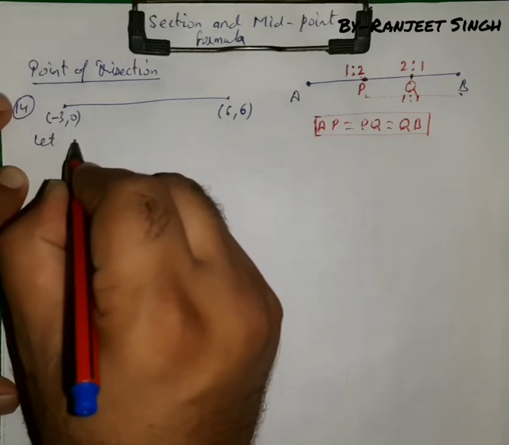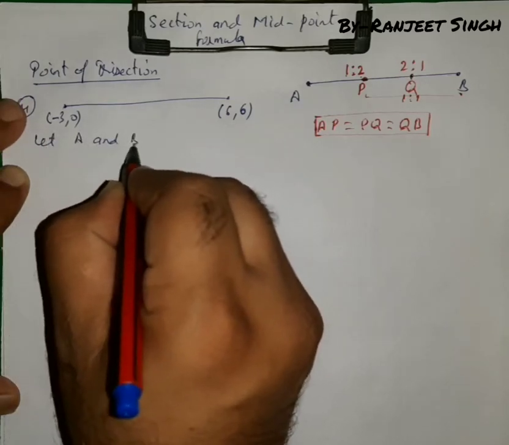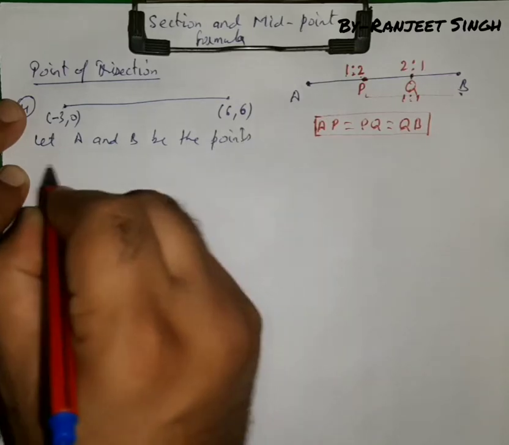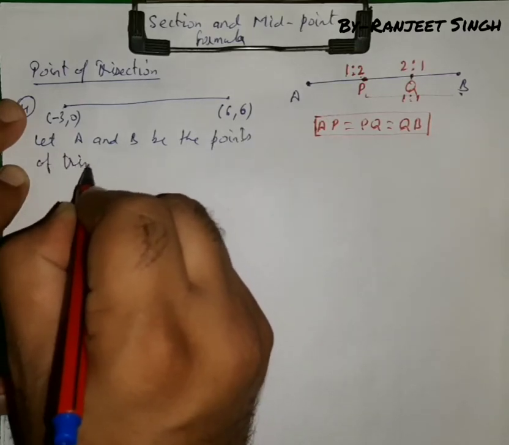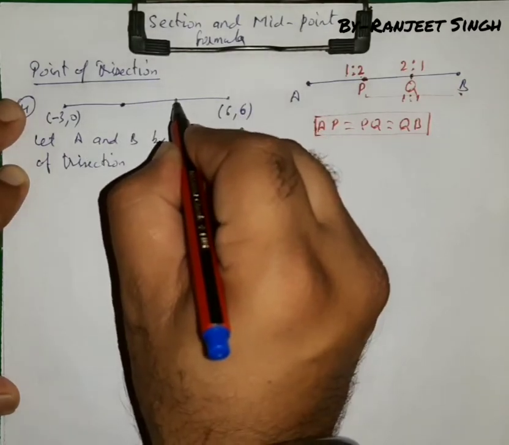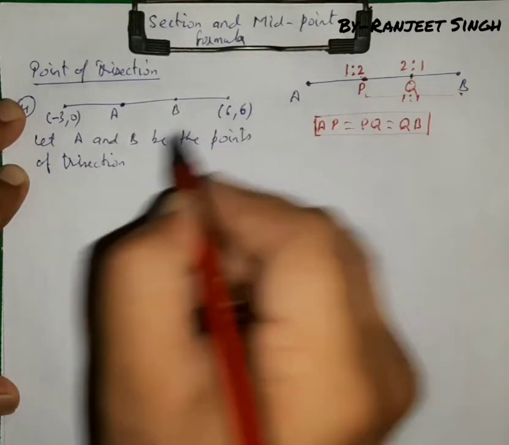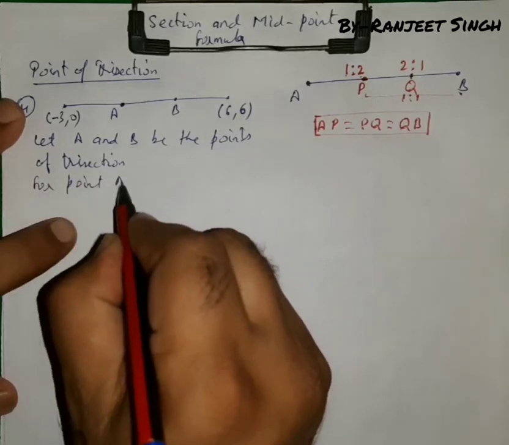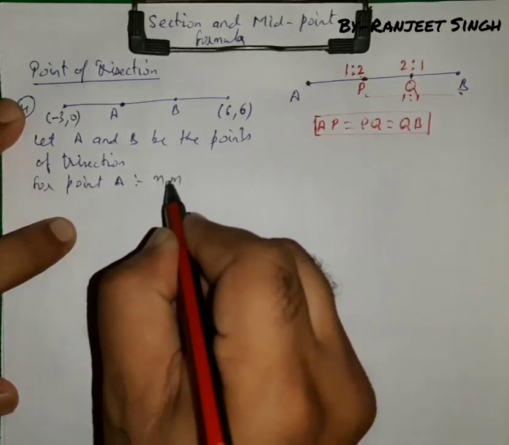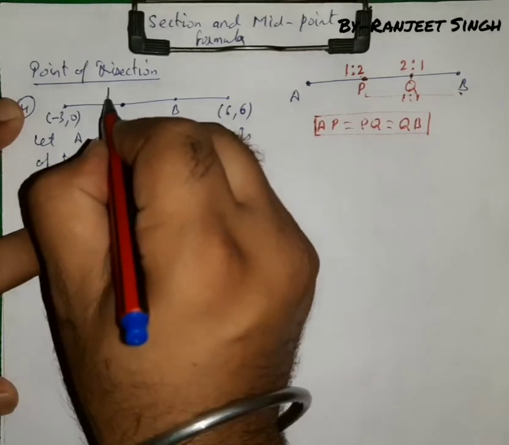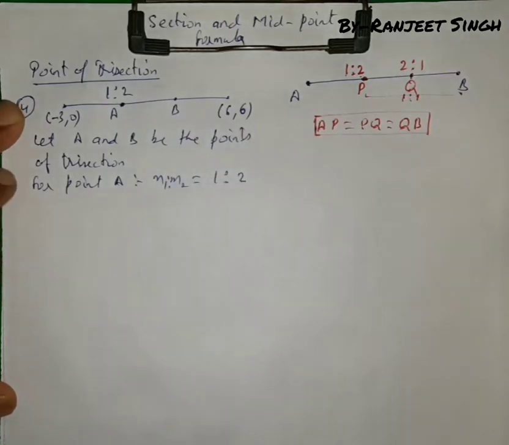Let A and B be the points of trisection. For point A, m1:m2 is equal to 1:2. So for this point the ratio is 1:2.